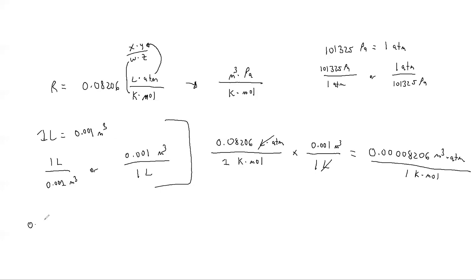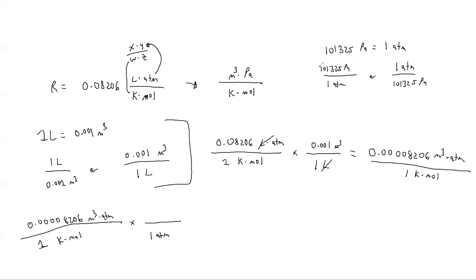Let's write out what we have. 0.08206 meter cubed atmosphere up in the numerator. Denominator, I have 1, and that's Kelvin mole. Okay, so I got atmosphere up in the numerator, and I need to cancel it out, so I need atmosphere in the denominator.